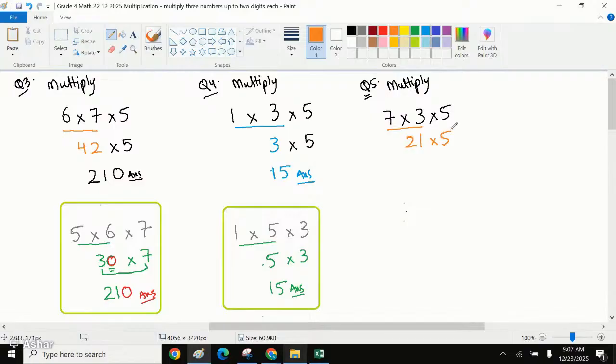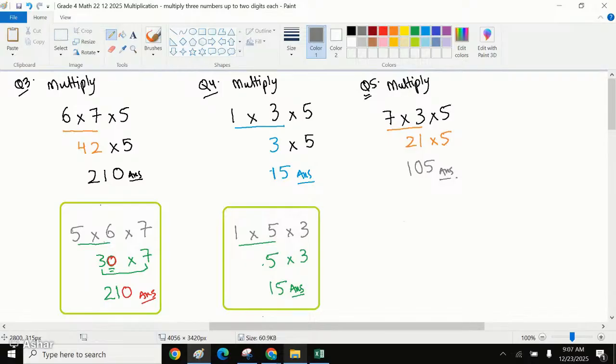Please help me out with this. Okay, let's see what the answer is. 21 multiplied by 5 is 105. 105. Okay, so this is our answer.